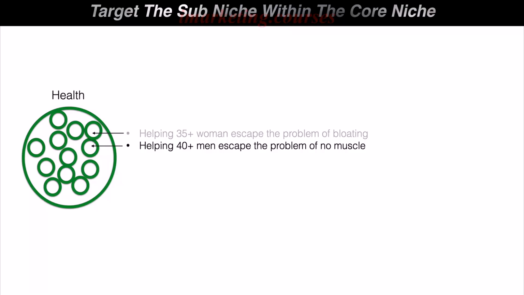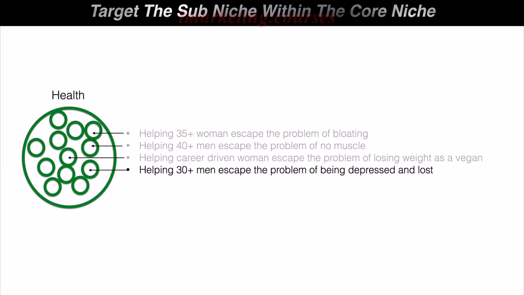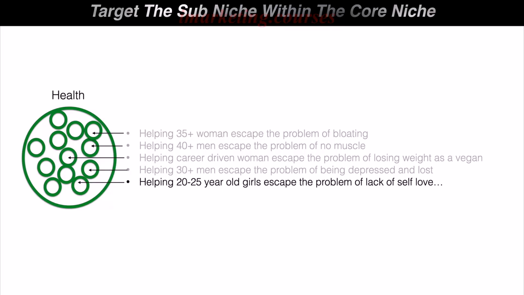There's a very clear pain and problem there. Helping career-driven women escape the problem of losing weight as a vegan. Very, very specific. Helping 30 plus men escape the problem of being depressed and lost. Helping 20, 25-year-old girls escape the problem of lack of self-love. You get my point. We need to focus on the sub niche.